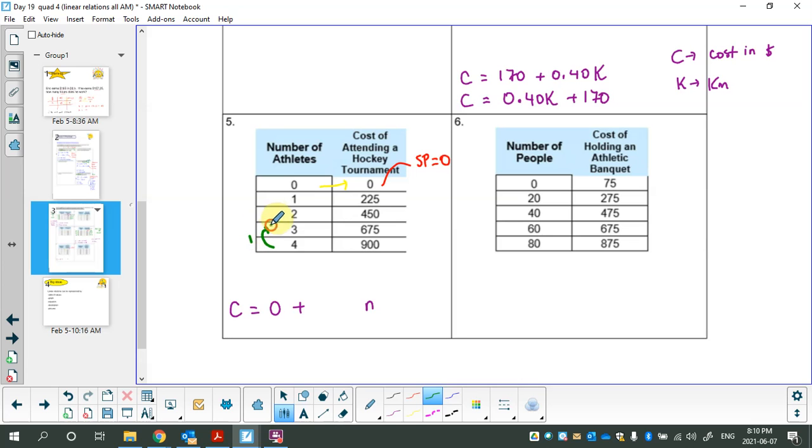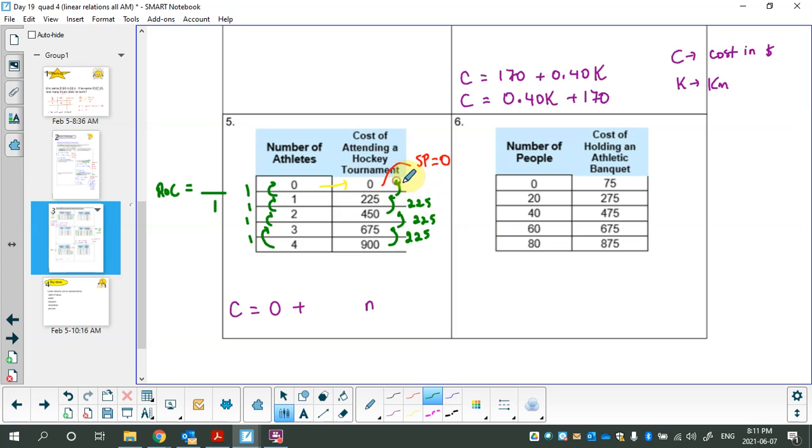Start here. That's easy enough. 900 minus 675 is 225. 675 minus 450 is 225. 450 minus 225 is 225.